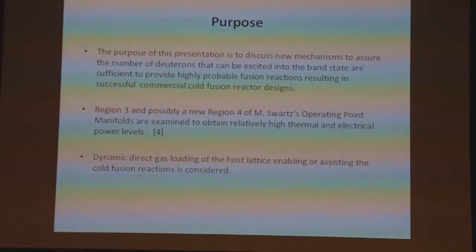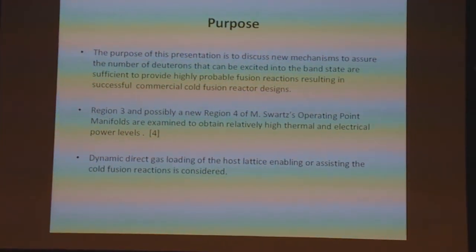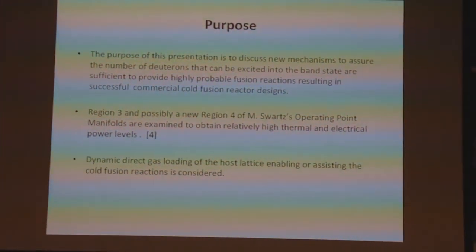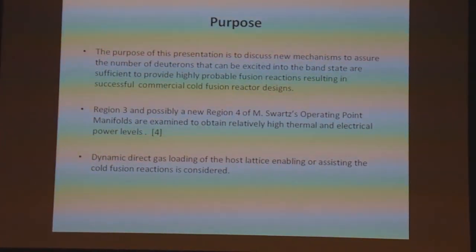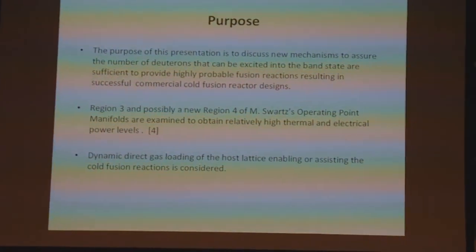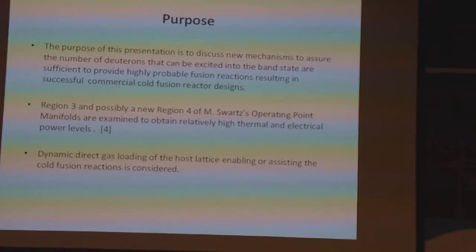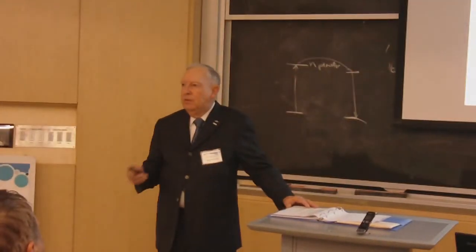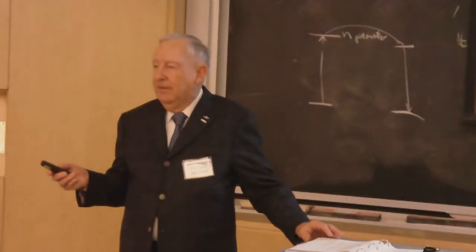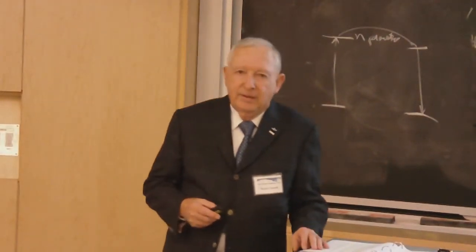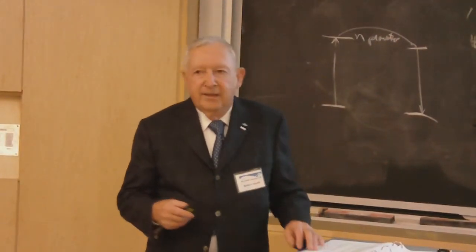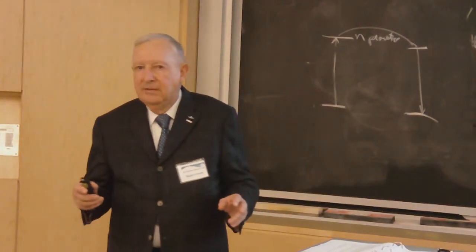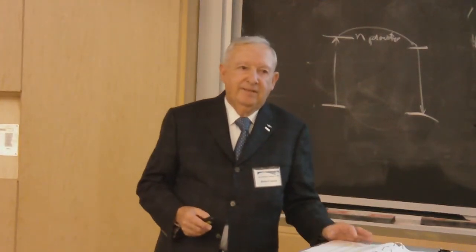I'd like to talk about a new mechanism. When we were out at Missouri, Peter told me that he had reviewed Talbot's model of cold fusion, and he said, I didn't see any mechanism to get the deuterons into the band state.